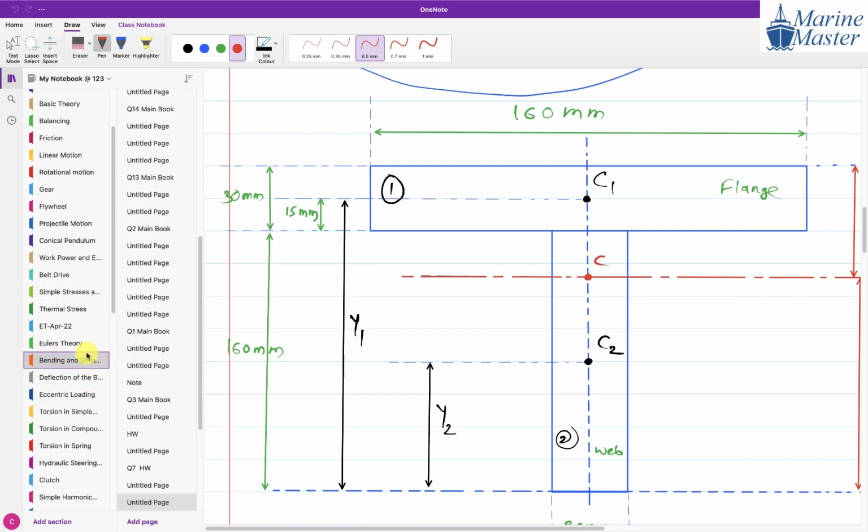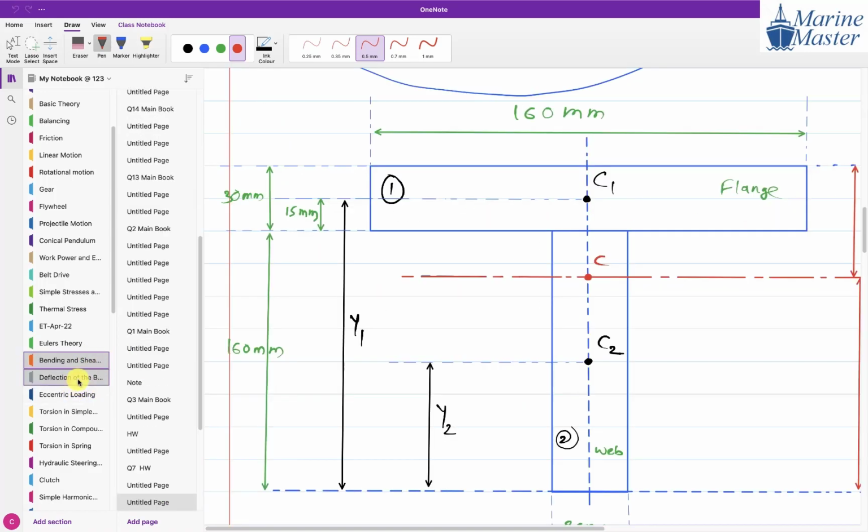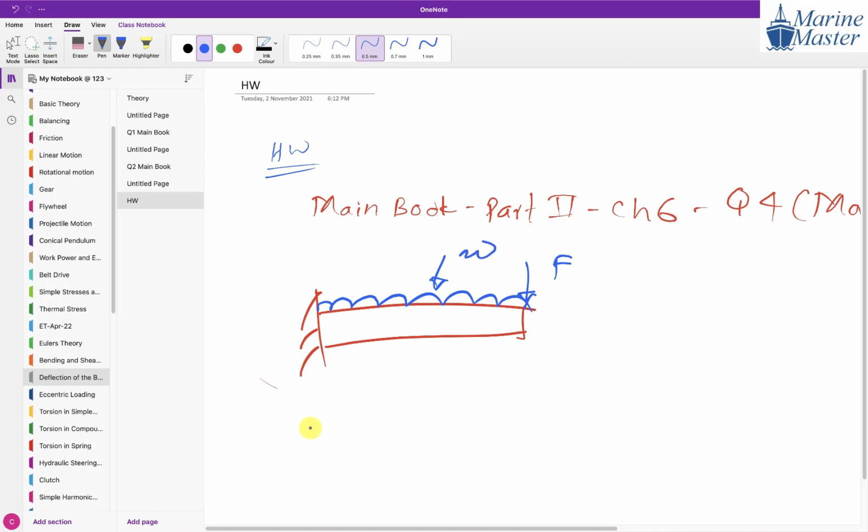So when I am going to send you the solution of that question today, one minute before going further, so that you should not get confused. That is the scenario in that question. This is F, and this is a suppose UDL. While calculating M, I will not consider sagging and hogging.